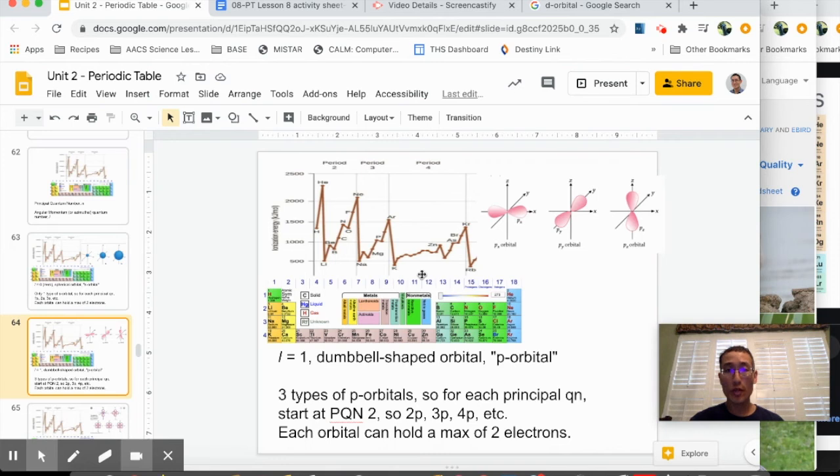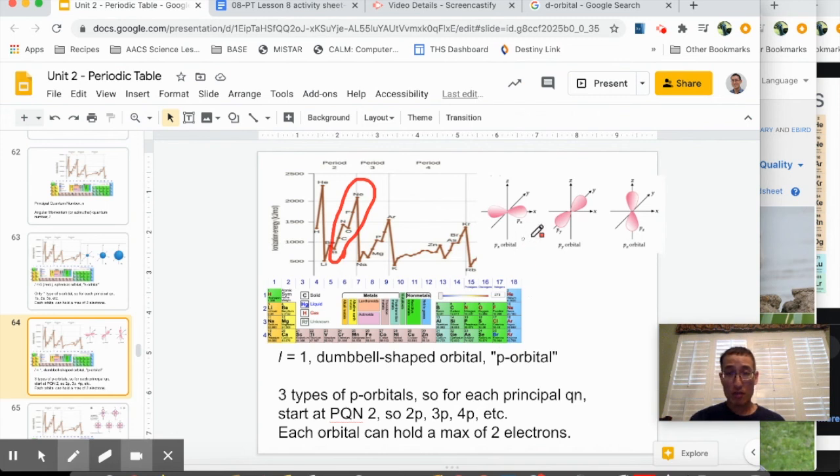So the p orbital is a dumbbell-shaped orbital, looks like this. And there's actually 3 types of p orbitals, and they're in different directions in three-dimensional space. And so these next 6 electrons here, from boron through neon, they go into the 2p orbital.